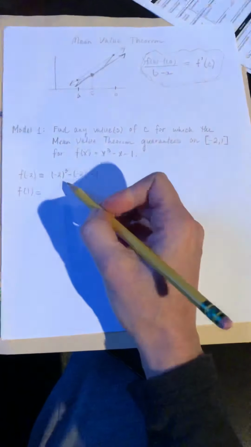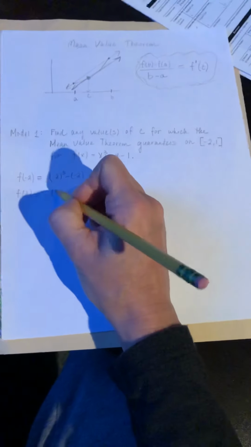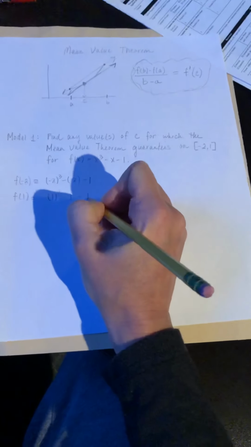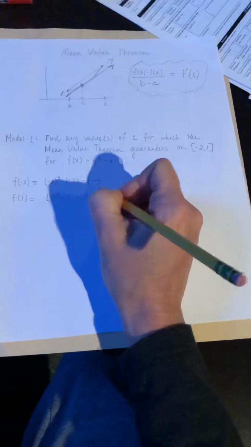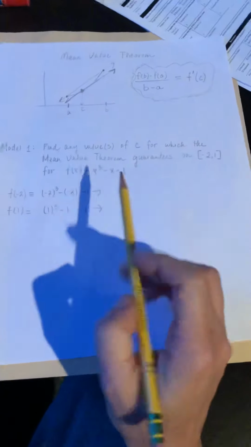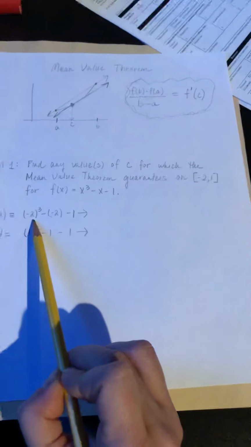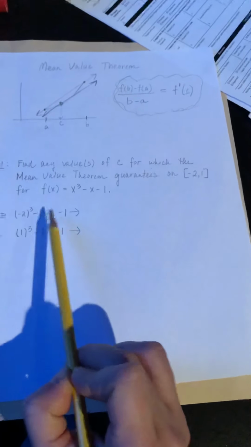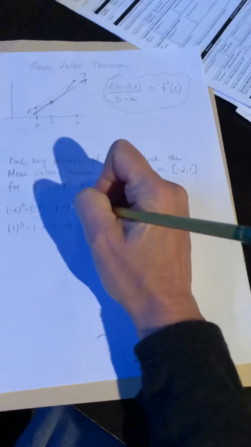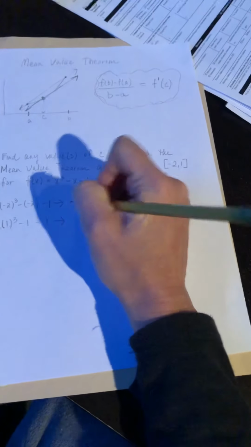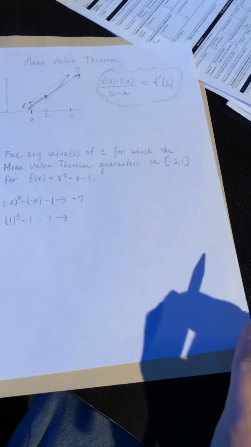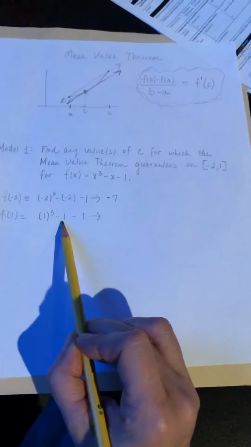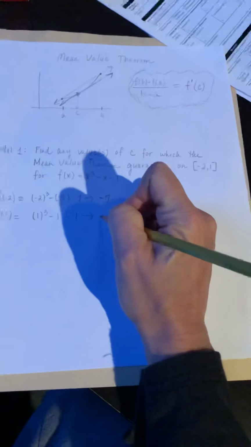And I will do the same for 1. Let's see here. So this is going to be -8 plus 2, which is -6, minus 1 looks like -7. 1 minus 1 is 0, minus 1 looks like that would be -1.